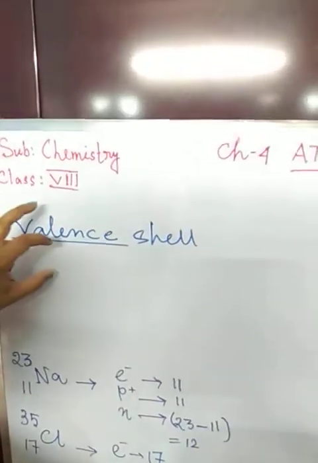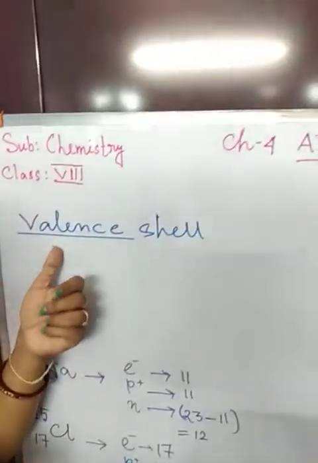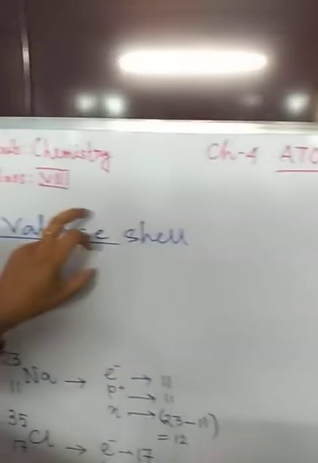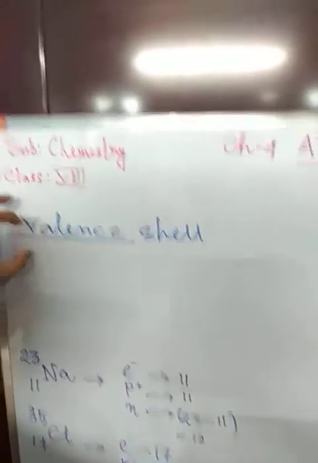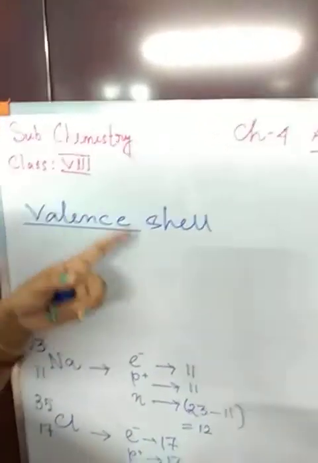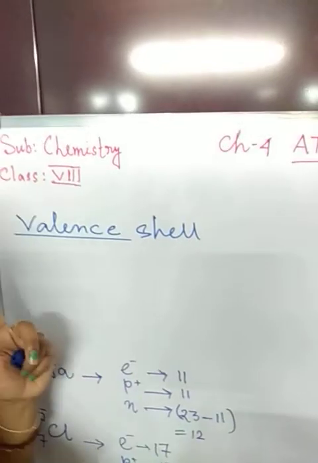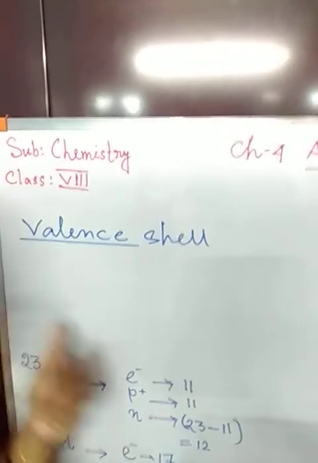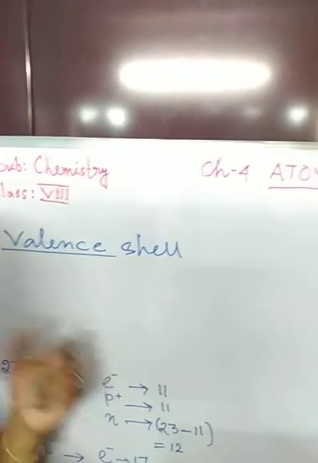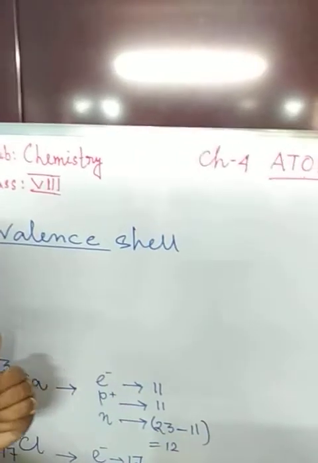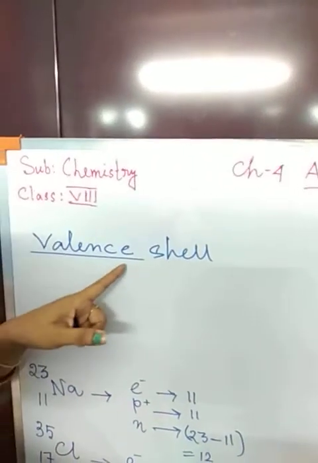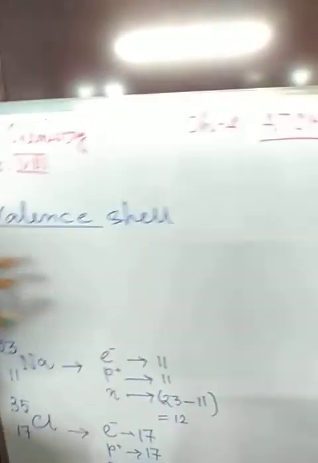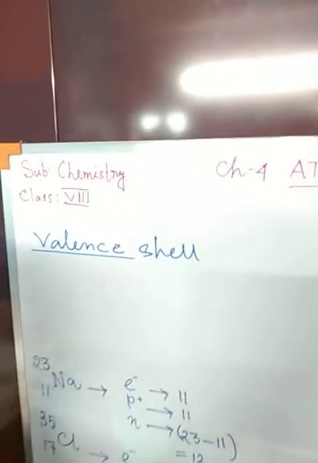So valence electrons reside in the valence shell. Why this is called so, we will do in the next class. According to the valence shell, we will get the valency of each atom. So the valency of an atom is decided by the valence shell and the number of electrons residing in that shell. That's why it is called the valence shell.